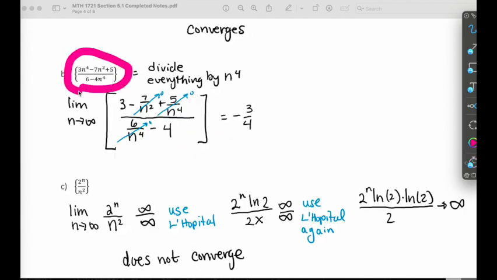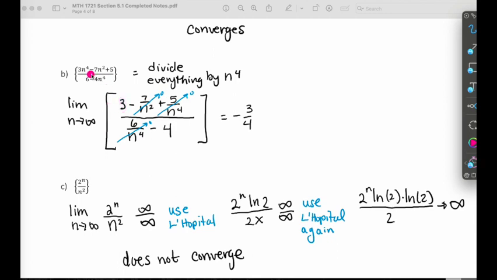This next sequence reminds me of a rational expression. So I'm going to use the trick where I divide everything by the term that has the highest exponent. So I'm going to divide everything by n to the fourth. When I divide 3n to the fourth by n to the fourth, I'm just left with 3.